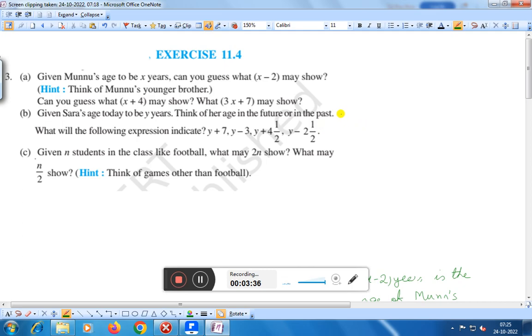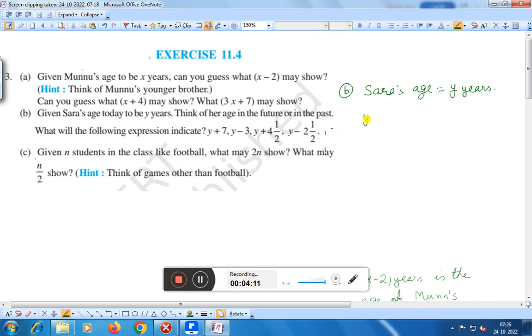That is, suppose Sarah's age today is equal to y years, and in the future the age will be added, and in the past age will be subtracted, right? That is, what of the following expression indicates y plus 7?